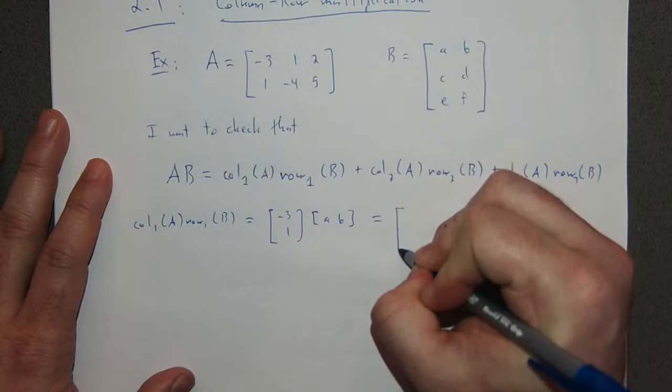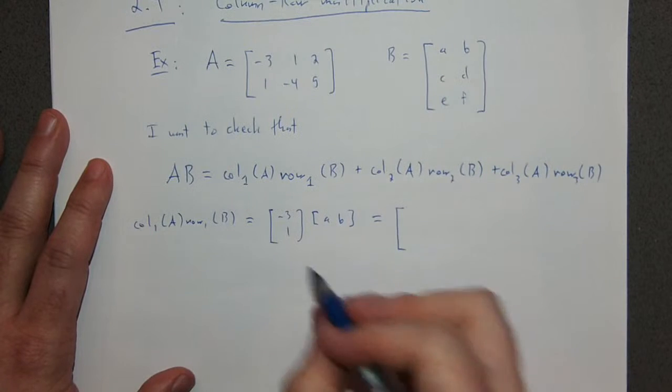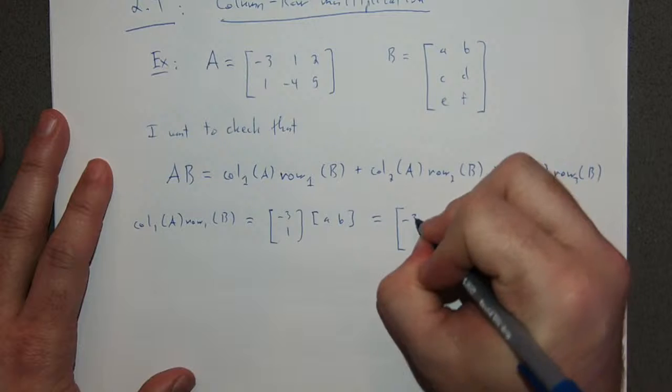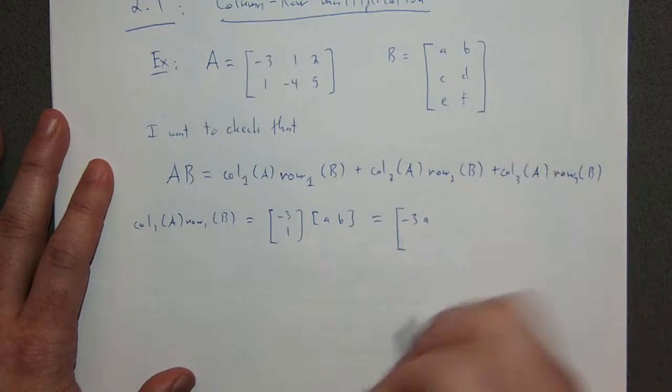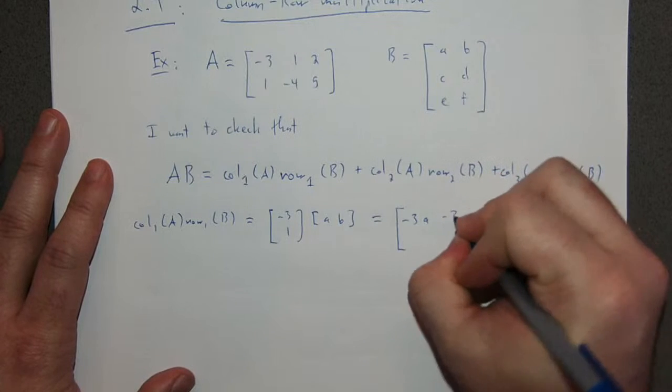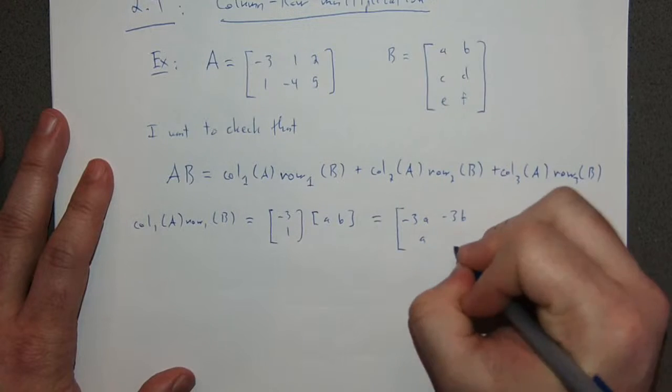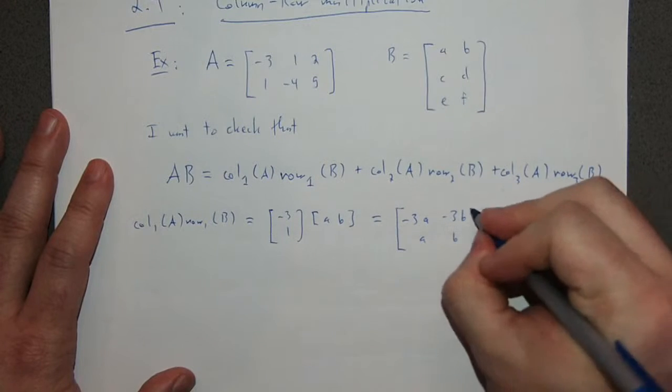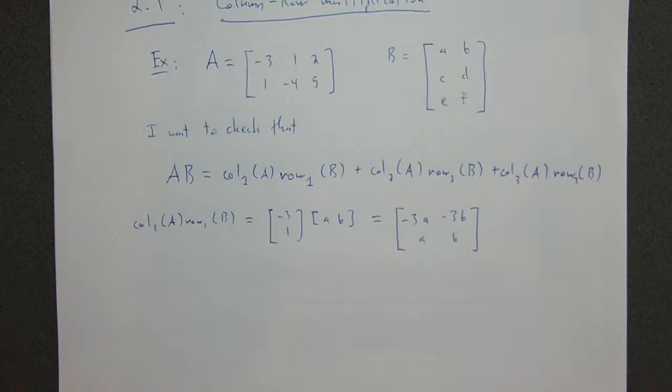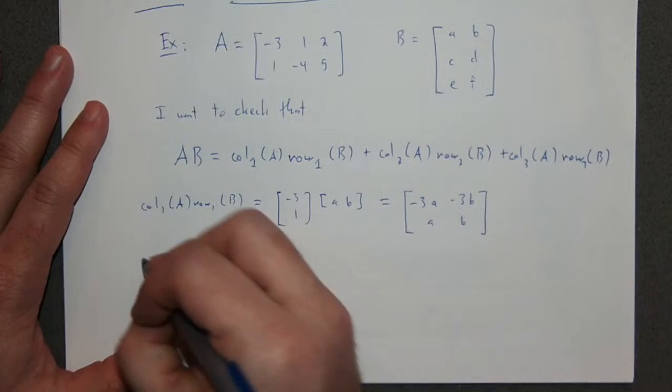So the way that this works is that this is -3A, -3B, A, B, because it's just 1 times A, 1 times B. Huh. Okay, that's weird, right? That's not the normal way that things work. Okay, but let's continue.